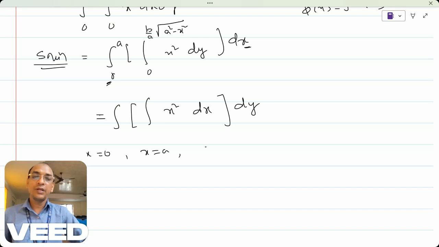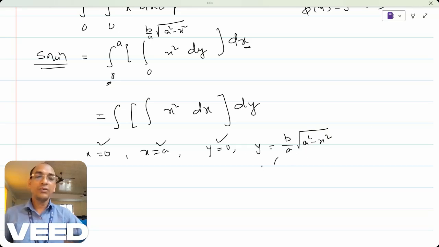So what will be the values? Lower value is 0 and upper value is y equal to b by a root over of a square minus x square. Okay, these three things we don't have any problem with, but this one we have to simplify. How can we simplify it?